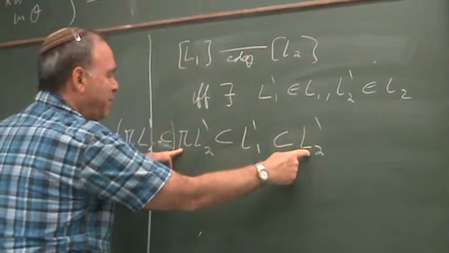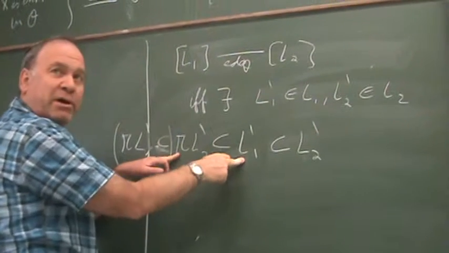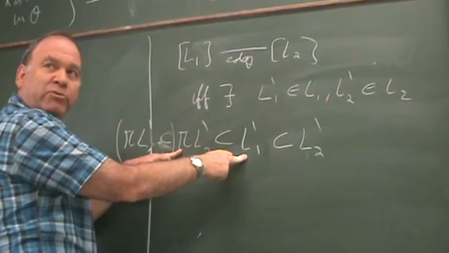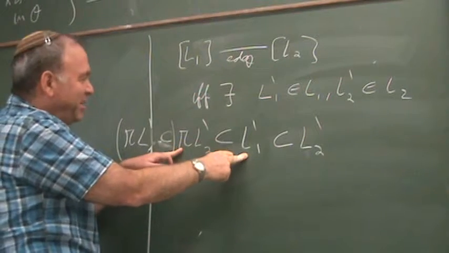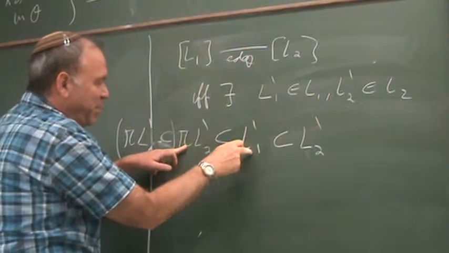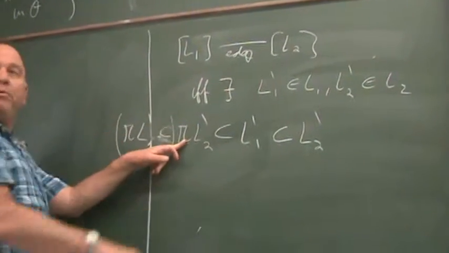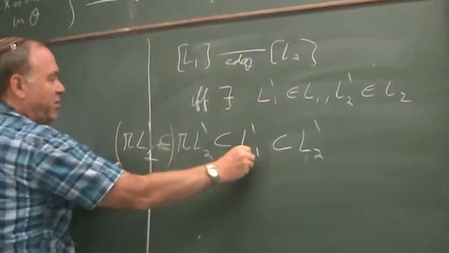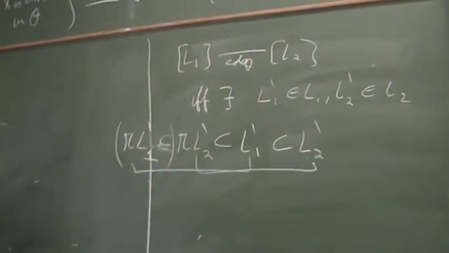So if I multiply this by pi and I shrink it inside L1 prime, then, in Hebrew we say kal vachomer, I don't know how to say it in English, certainly if I multiply L1 prime by pi, it will be inside pi L2 prime, right? So you see that either this way or this way, we are getting that they are neighbors.